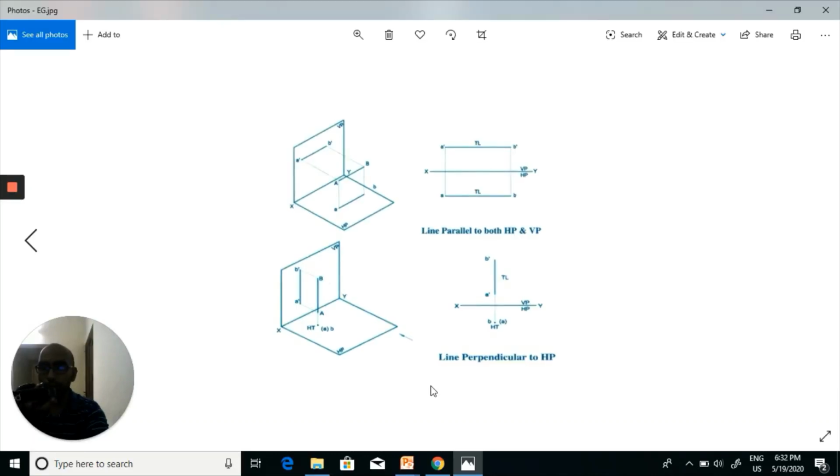You can see in the first figure the line AB is parallel to VP and it is also parallel to HP. Here you can see the projectors, then the front view. Front view will be on the vertical plane and top view will be on the horizontal plane.